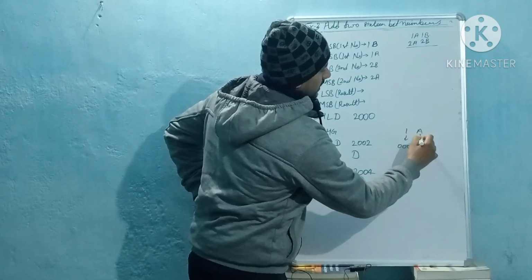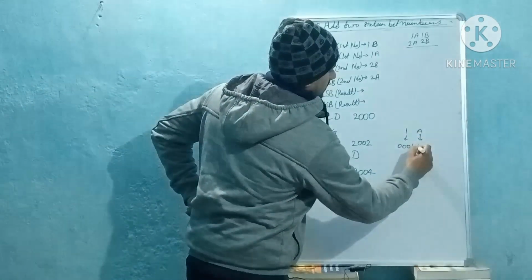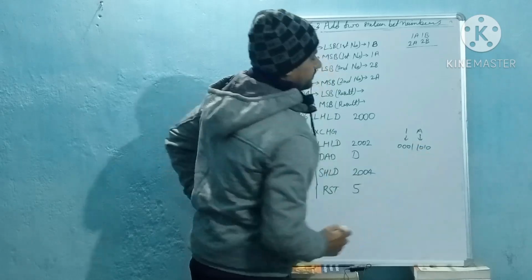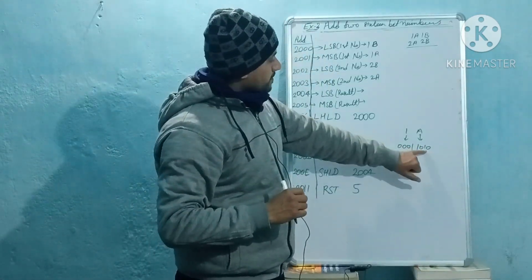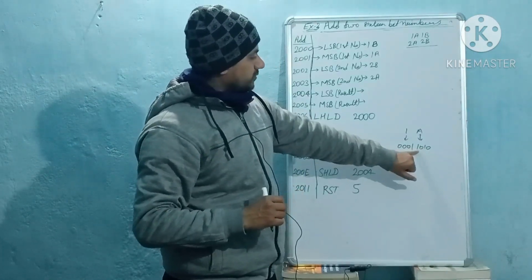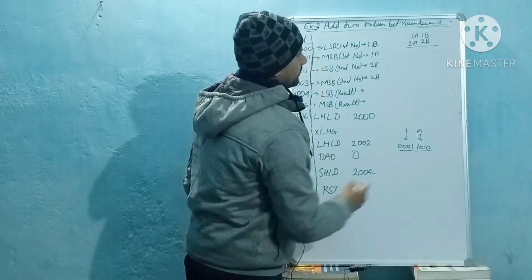Okay, A means 10, so it is 1010. So how many bits? 4 and 4, 8. Okay.